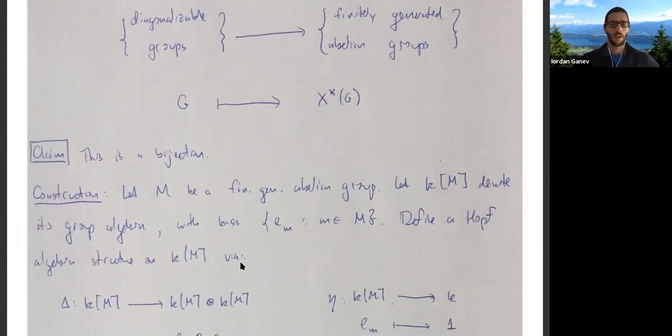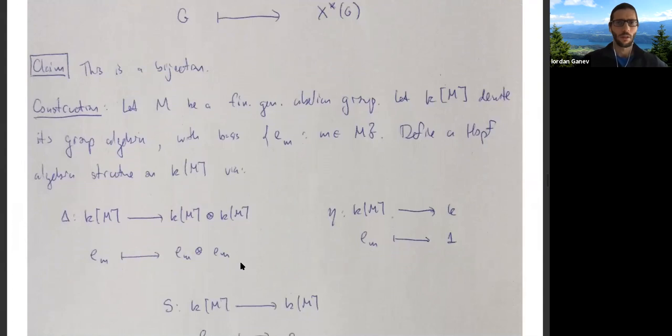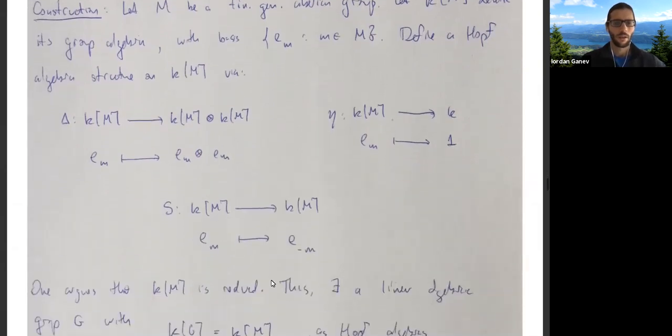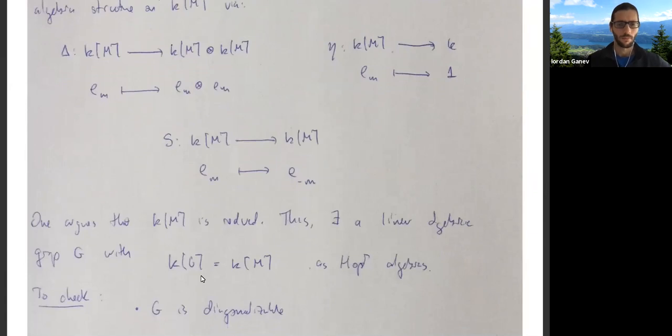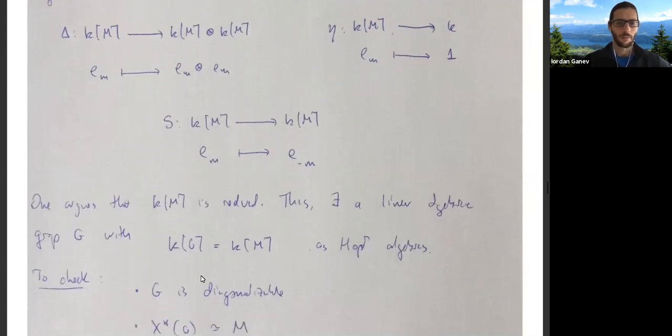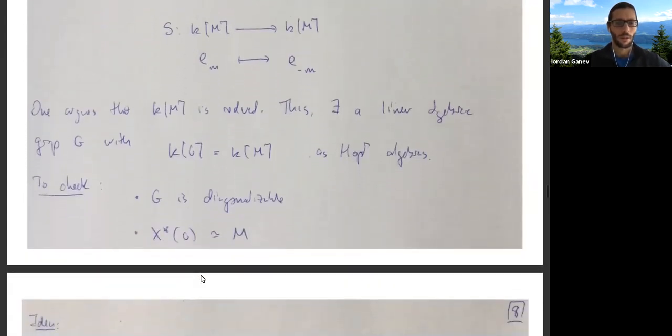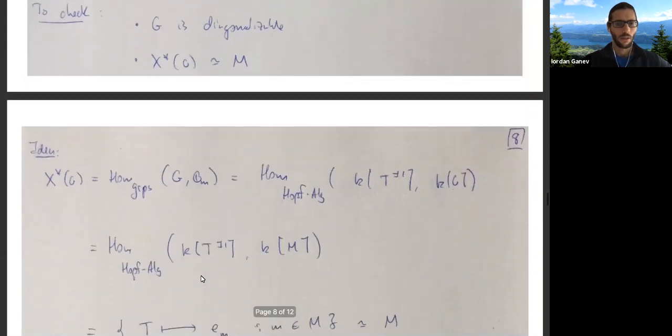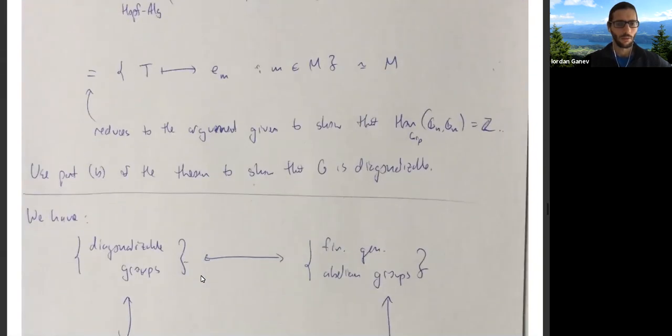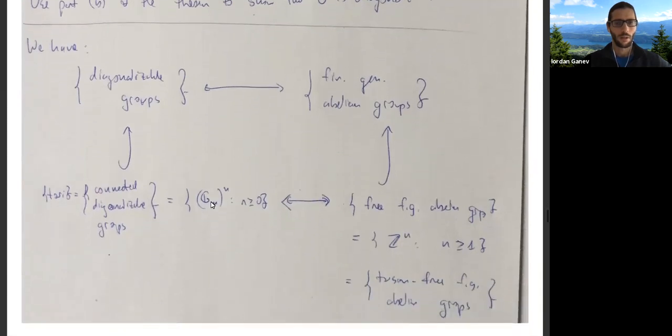We first form the group algebra of the finitely generated abelian group, and it carries a natural Hopf algebra structure. That Hopf algebra can be identified with the affine algebra of a linear algebraic group, and that's the group corresponding to M. And then the tori correspond to the Z^n's. There was a question about why this is the case.